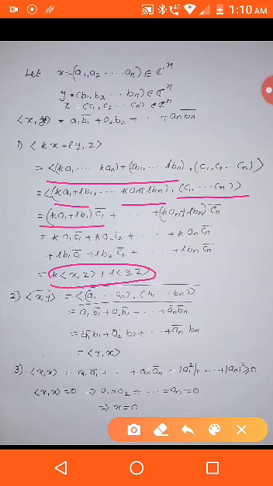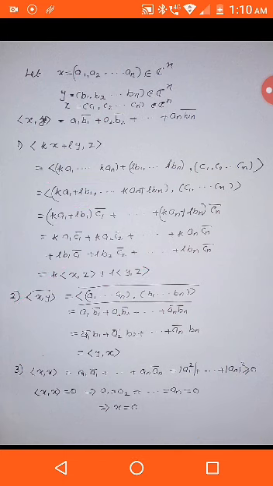Now let us go to the second property, that is, starting with the inner product of x, y whole conjugate, which is equal to the inner product of the first coordinate a1, a2, etc., an and the second coordinate b1, b2, etc., bn, this whole conjugate. Then in the next line we find the inner product value, that is a1 b1 conjugate plus a2 b2 conjugate plus etc., an bn conjugate.